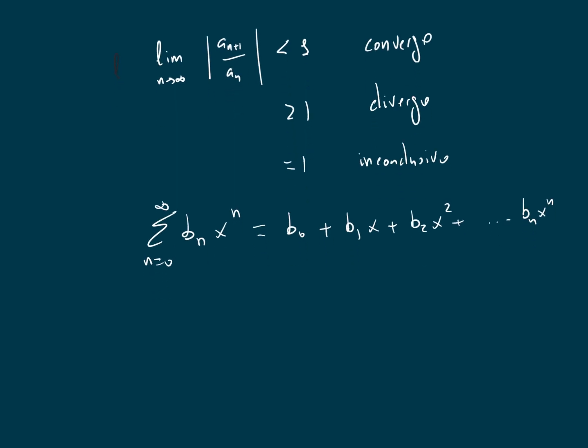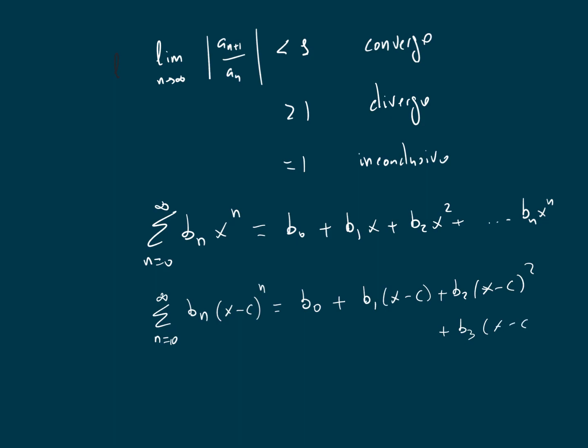And this is a power series centered at x equals 0. A power series centered at x equals c is b sub n times (x minus c) to the n, or b0 plus b1 (x minus c) plus b2 (x minus c) squared plus b3 (x minus c) cubed.